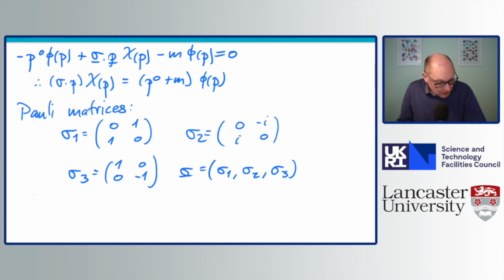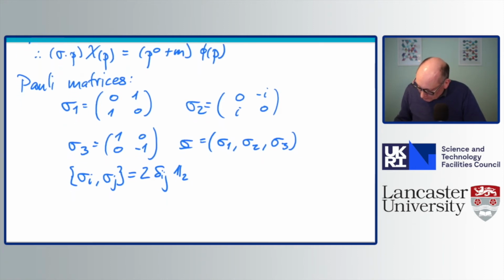Now, they have the property, which you can easily check with this representation of the Pauli matrices, that the anti-commutator of sigma i and sigma j is 2 delta ij times the identity matrix, and the commutator of sigma i, sigma j is 2i epsilon ijk sigma k.